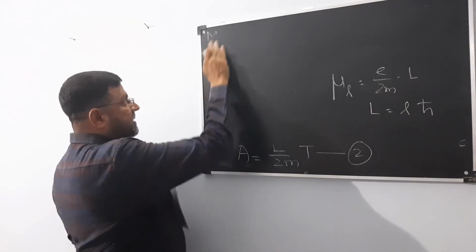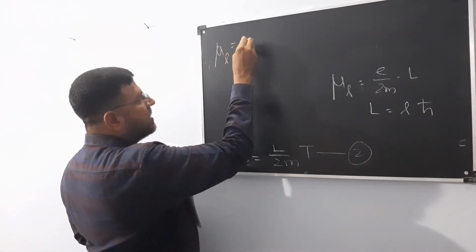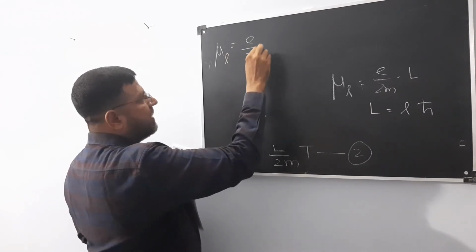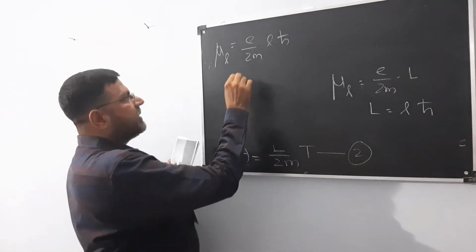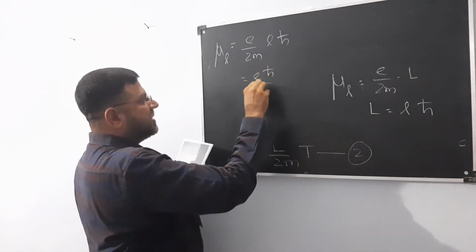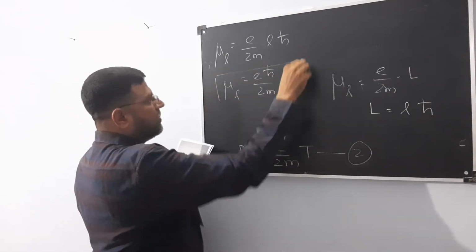Therefore, now we can write μL is equal to e by 2m into l times h cross, or μL is equal to e times h cross by 2m into l.